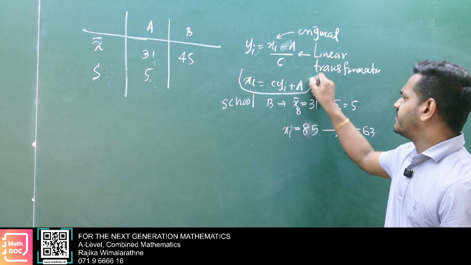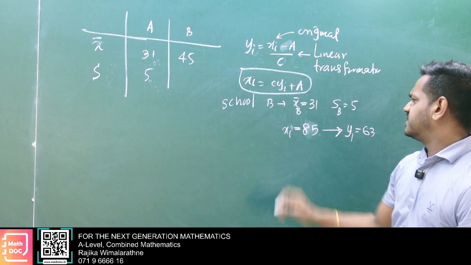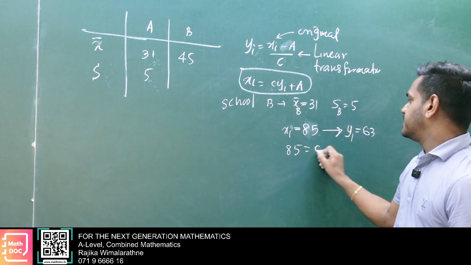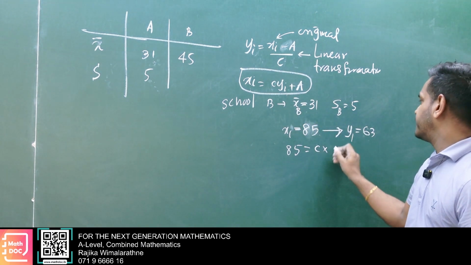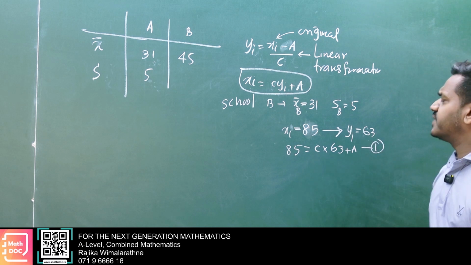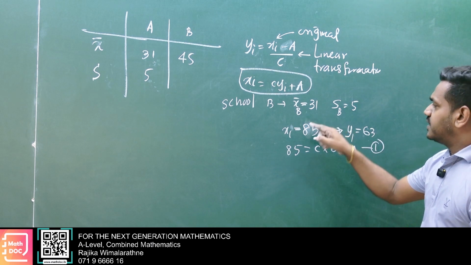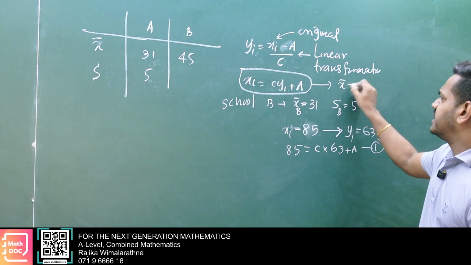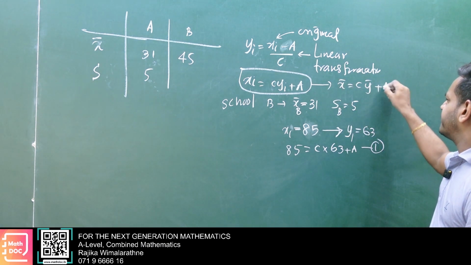Take this formula. This is the original value 85, equals c times yi, the transformed value 63, plus a. Here take the first formula. Then according to this, x bar equals c y bar plus a.